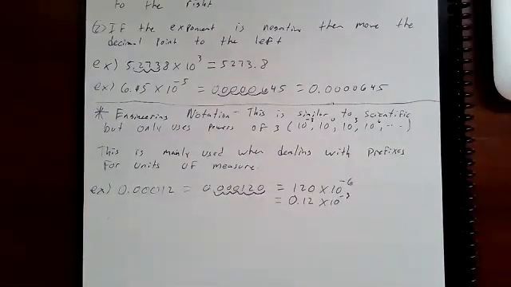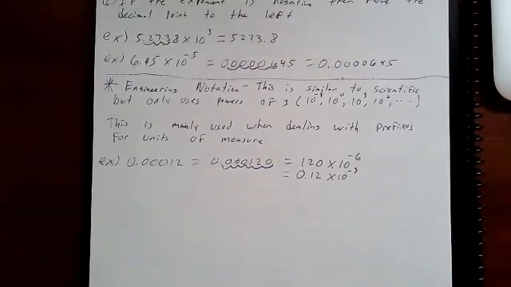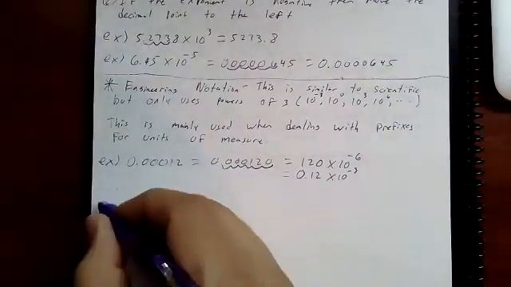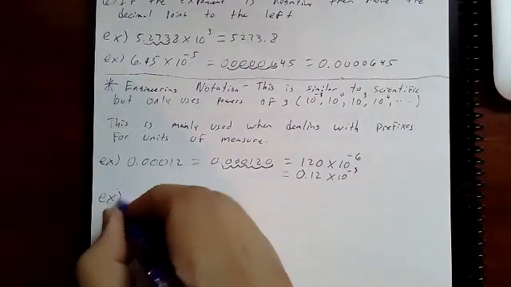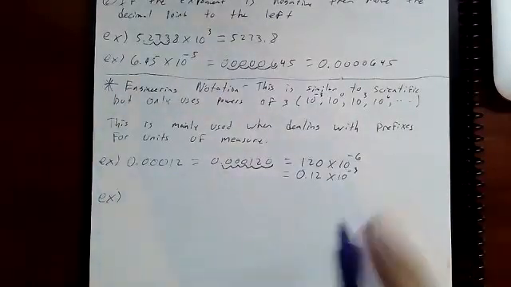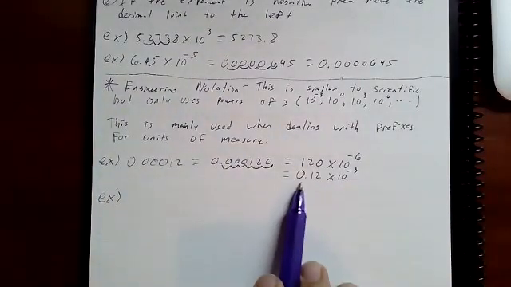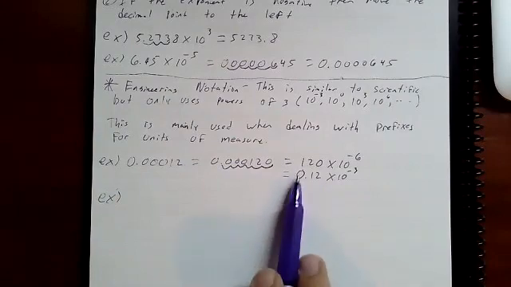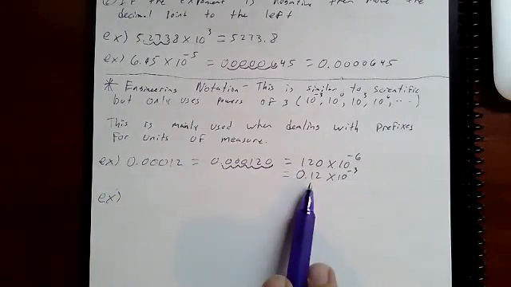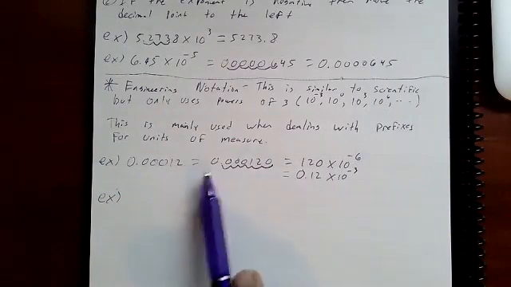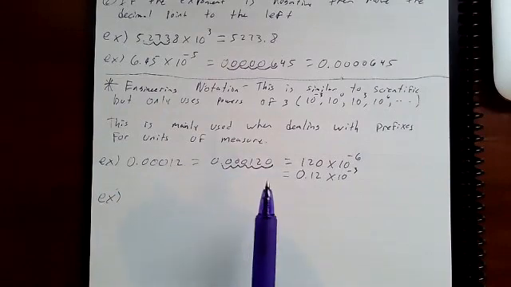I won't fault you for choosing either. The scientific, though, is more strict in that the piece before the times needs to be less than 10, but not so much in these steps.